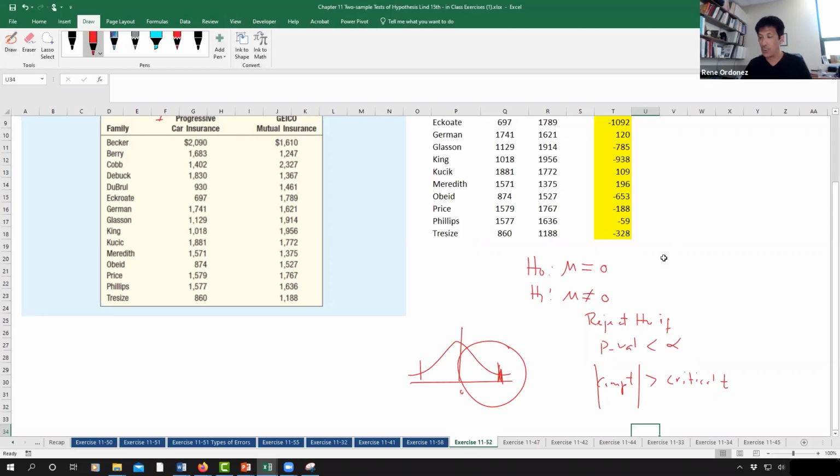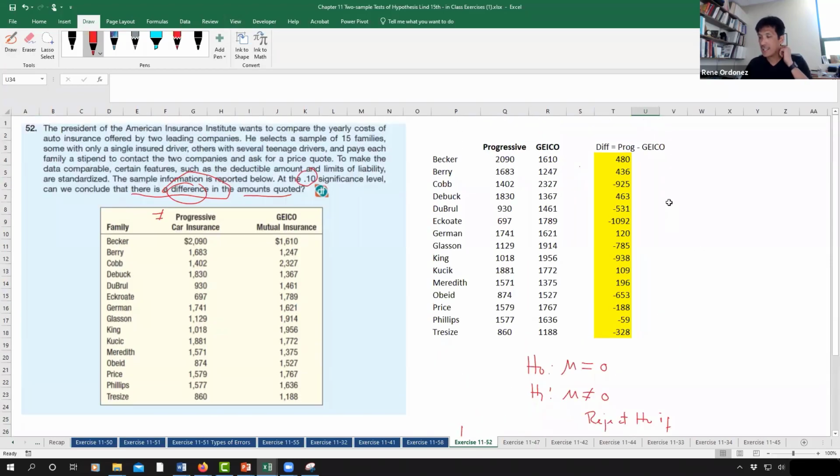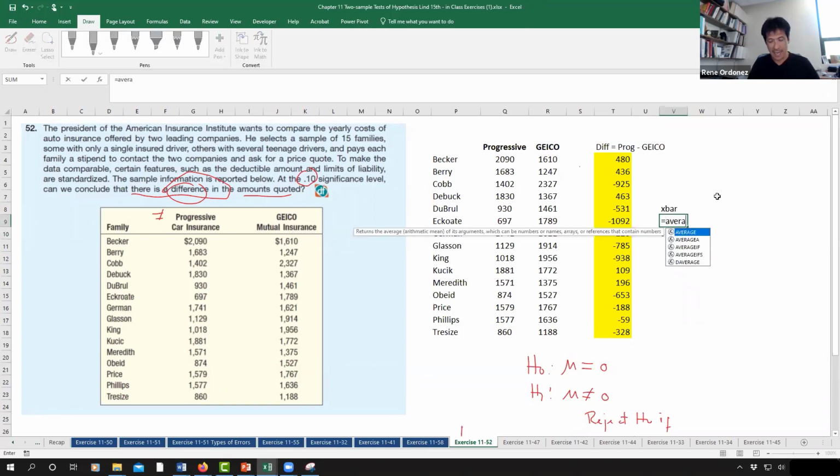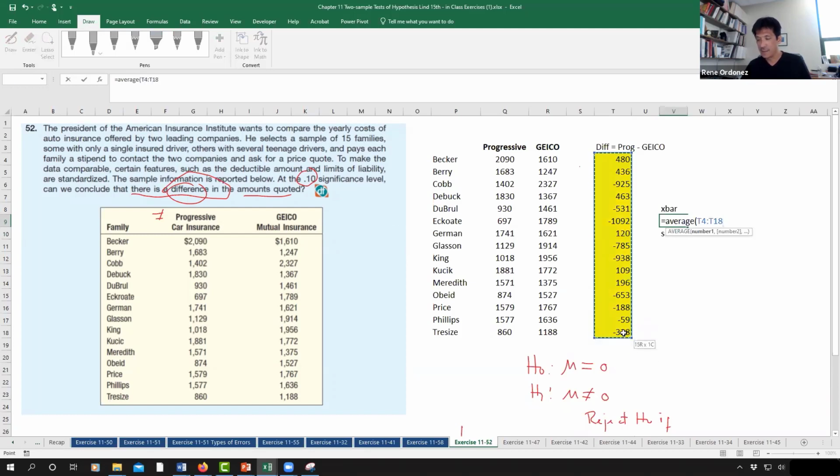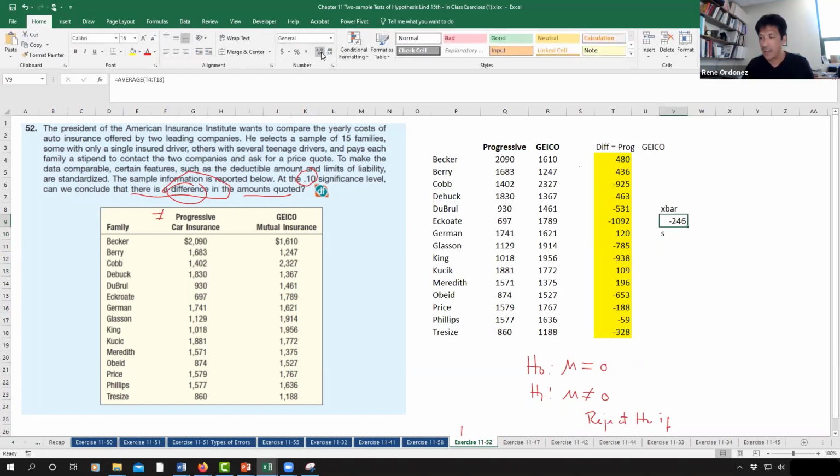Okay, so to carry out the test, we will need to compute the average, X bar, and we will also need to compute S. X bar is the average of this column, and S, let's see, make sure that there's no decimal there.